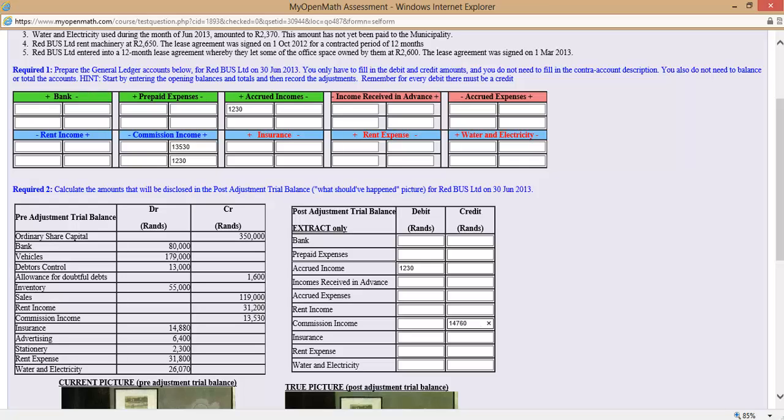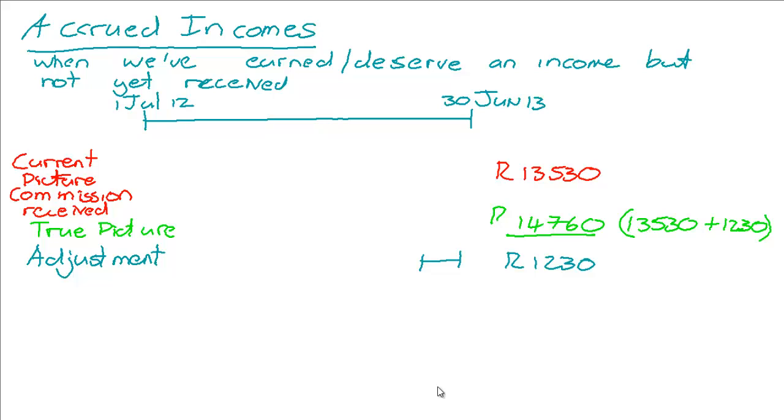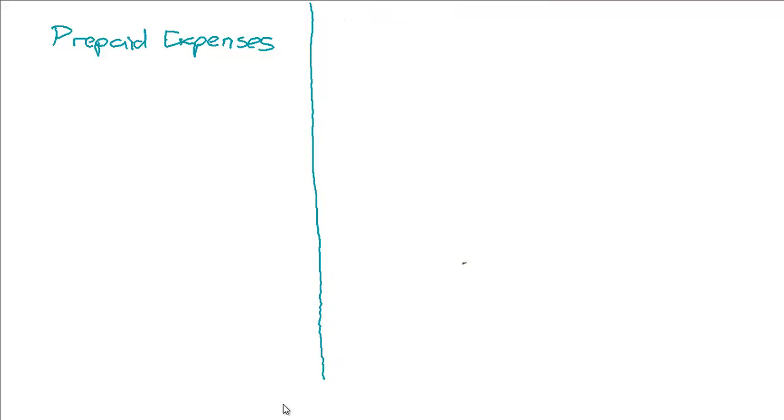Fantastic. Maybe just a quick recap of before adjustment accounts. At this point, we can say the first one that we looked at was prepaid expenses, so let's just write that, prepaid. We're going to have a couple of columns here.